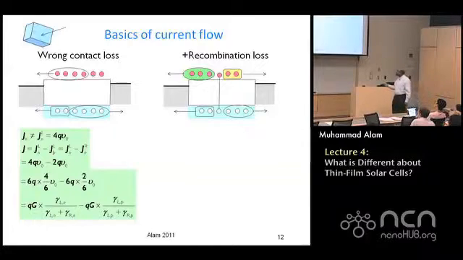Now, of course, you could write it slightly differently. You could say that these 4 are really out of the 6, because 6 photons came in, so 4 over 6. So it's really the fraction of the total that is going to the left contact, the ratio of the probability that you will escape to the left contact, right?